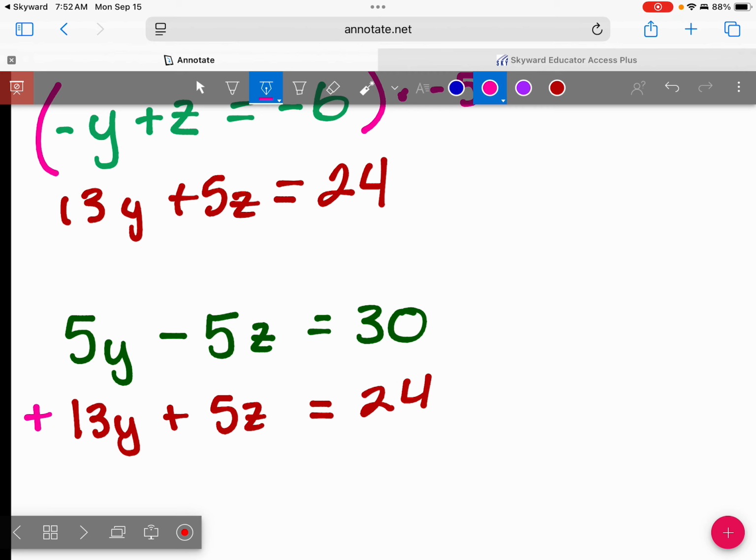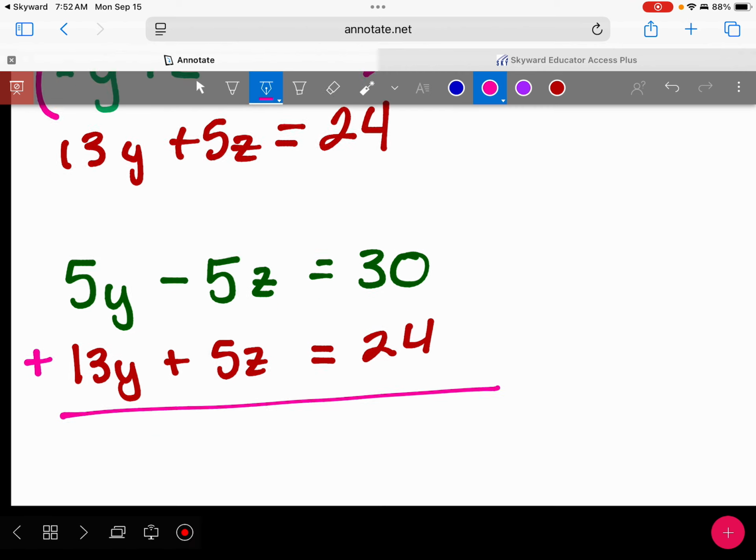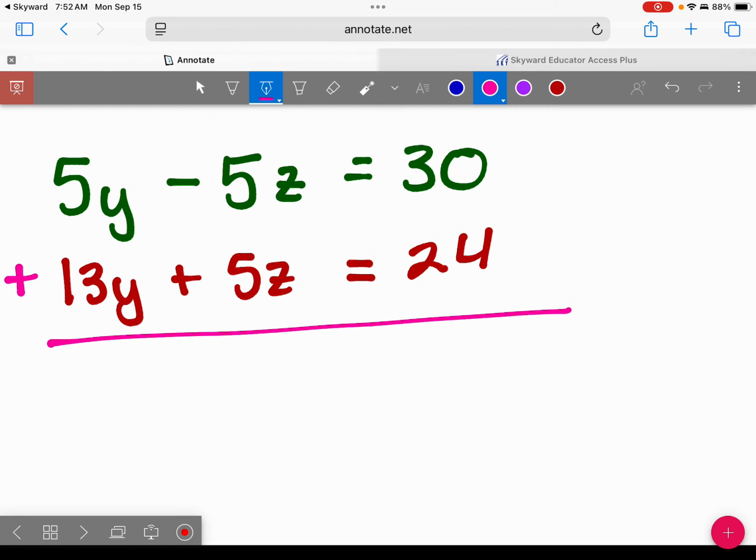And we're going to add those together. And we're almost there. 5y plus 13y is going to give us an 18y. Then we're going to have our minus 5z plus 5z. That's going to cancel out.